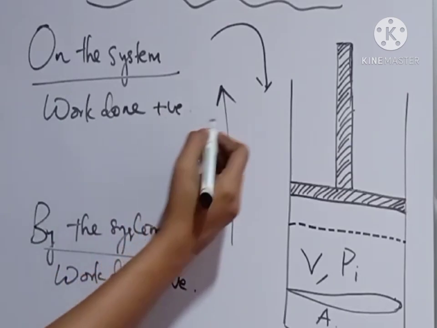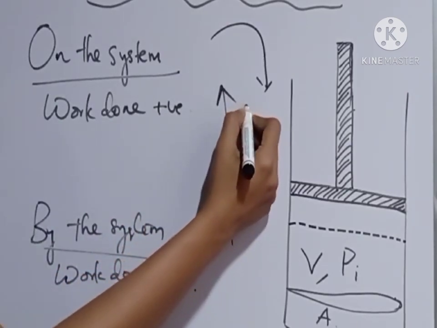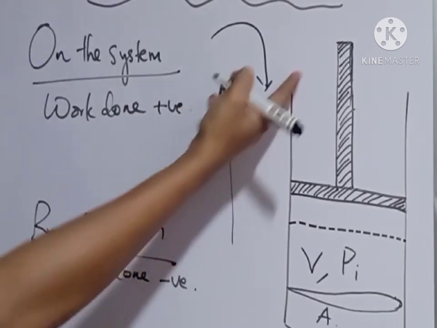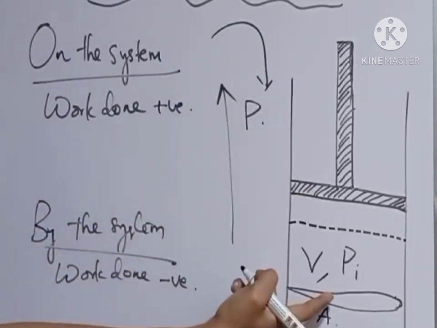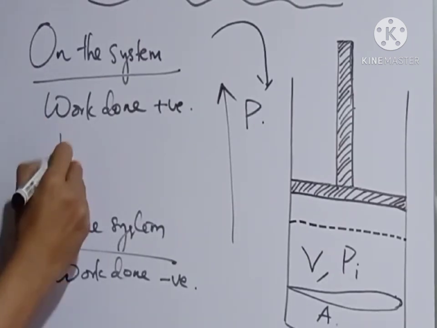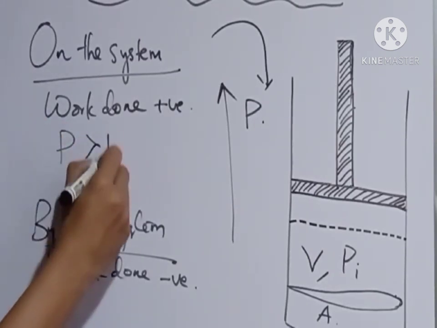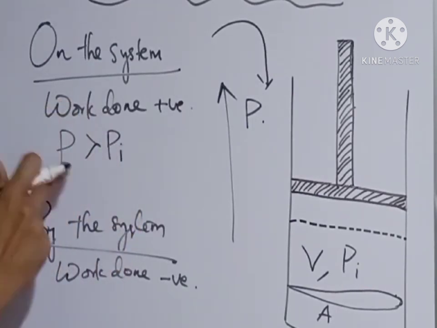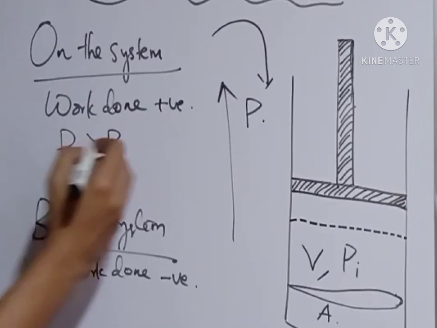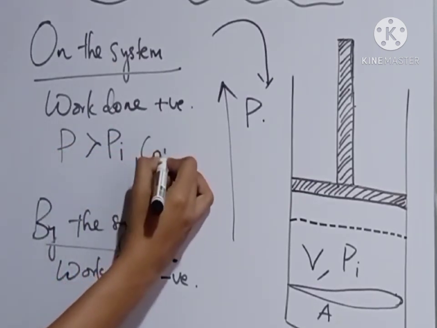So consider that the external pressure is P. If the external pressure P is greater than the internal pressure Pi, then it is work done on the system, or we can say compression.